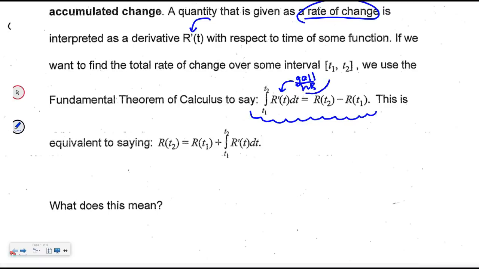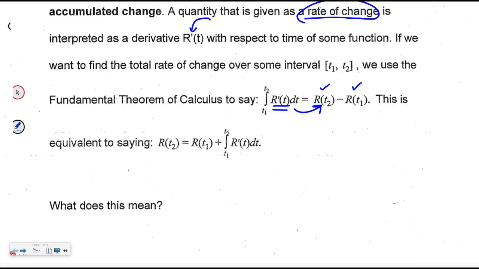Then when I multiply it by the change in time, which would just be hours, I get what I would call net gallons at the end of that time. So that's a way to think of it with the units. Equivalently, the antiderivative of r prime is r. So really this is how much I had at the end minus how much I had at the beginning, which gives me my net change, and in that case it was gallons.